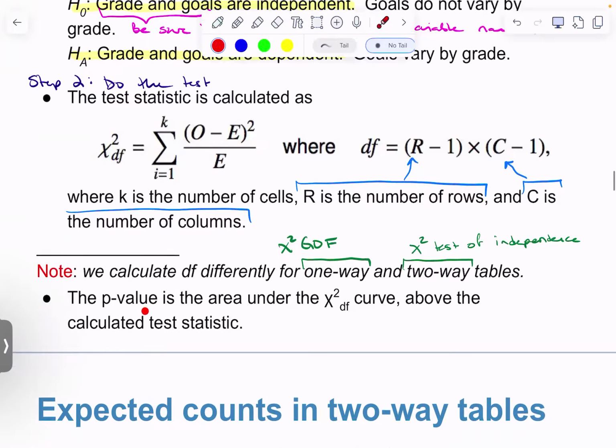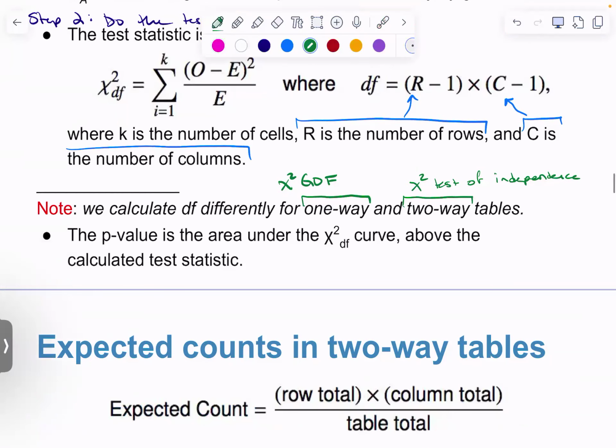The p-value, which in theory is your step 3, right, is the area under the chi-squared at some degrees of freedom curve above the calculated test statistic. So we saw this generic chi-squared distribution might look like this. And if we calculate, I'll do a little axis here.